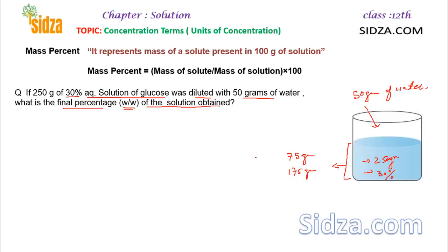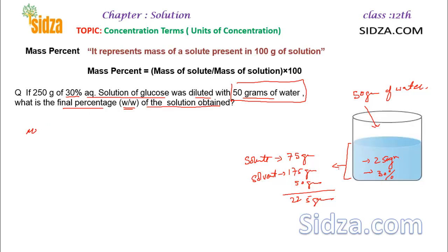So this is the glucose, the solute, and this is the solvent, 175 grams. Now when I mix 50 grams of water in it, the total weight of the solvent will be 225 grams.